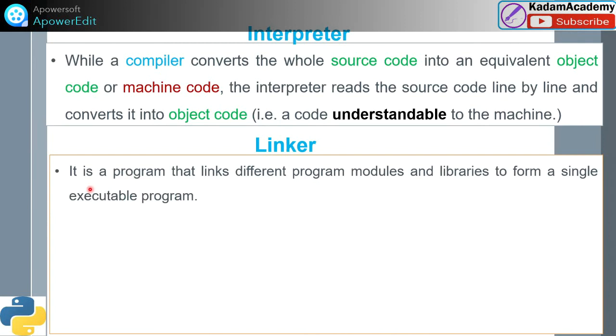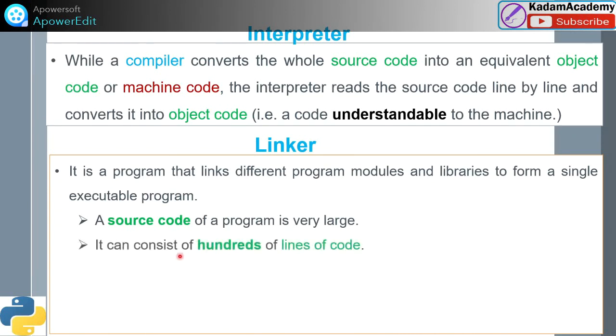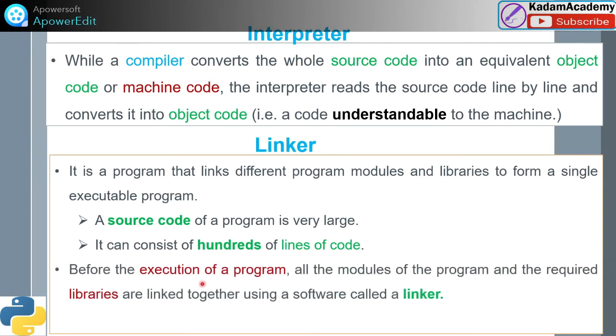What is the purpose of the linker? It is a program that links different program modules and libraries, the supporting subprograms, to form a single executable program. The source code of a program can be very large, consisting of hundreds of lines. The linker connects before the execution of the program.